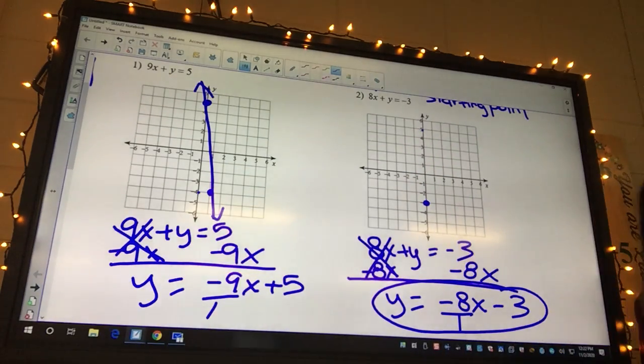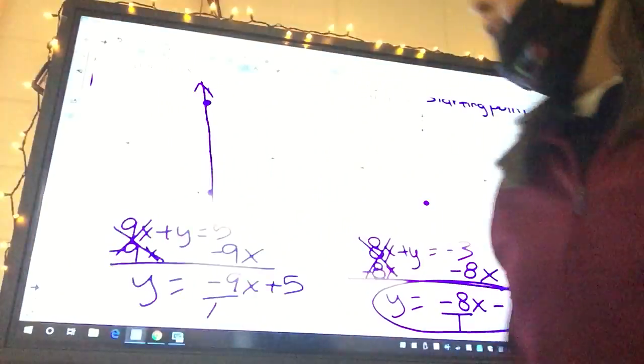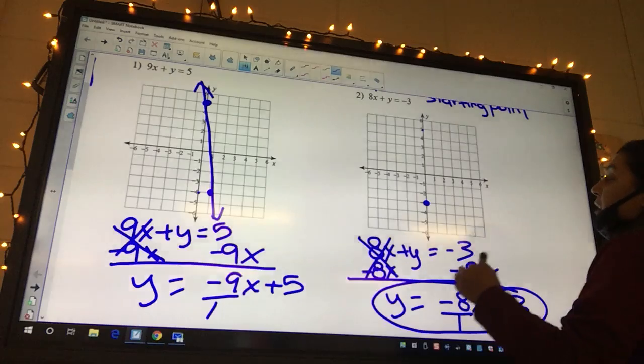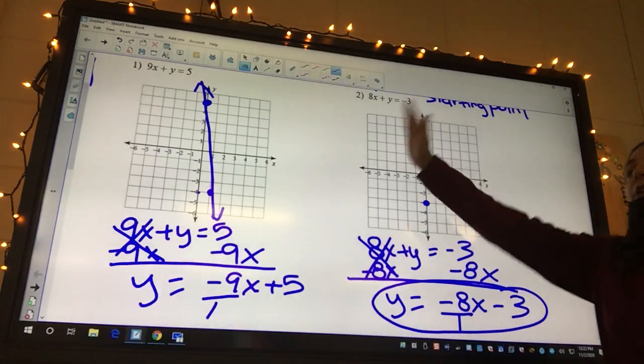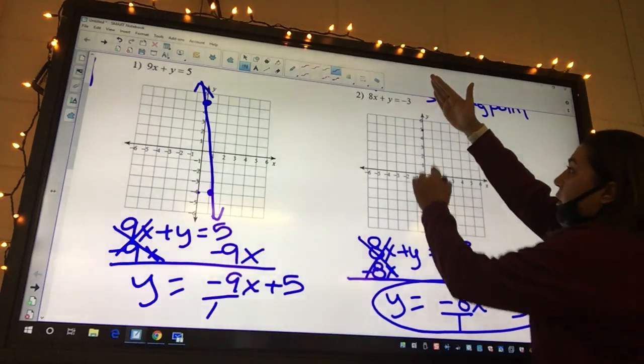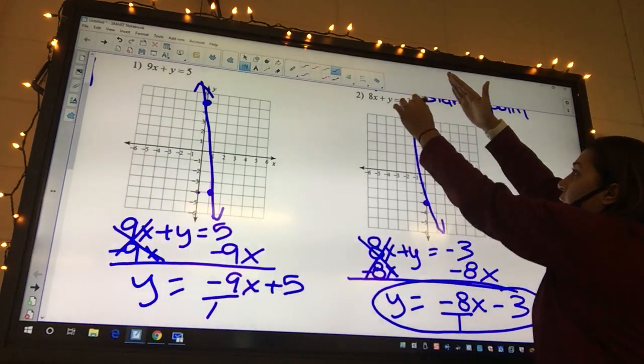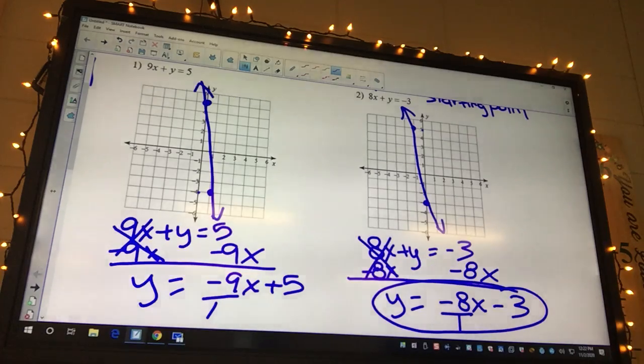And is that slope positive or negative? Yeah, my slope is negative. So which way should my line go? This way or this way? Yeah, it's got to go this way. So that means I need to put my dot over this way. Okay, and my line's not straight, and that's okay.